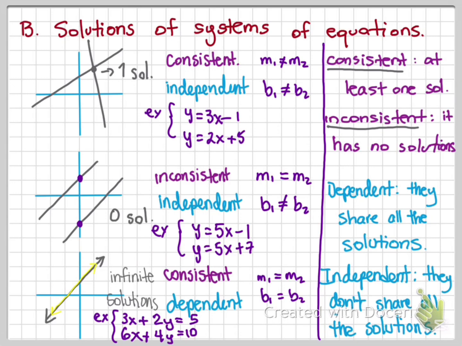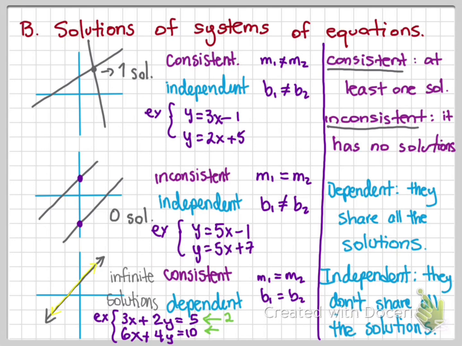But if you notice, if I leave y alone, we are going to end up with the same equation. And the other way to see that they are the same, or that they are dependent and consistent, is because you see that they are like a multiple of each other. So if I multiply the top one by 2, all of the terms, then we get the one on the bottom. 2 times 3 is 6, 2 times 2 is 4, and 5 times 2 is 10. So there is a relationship in that way.